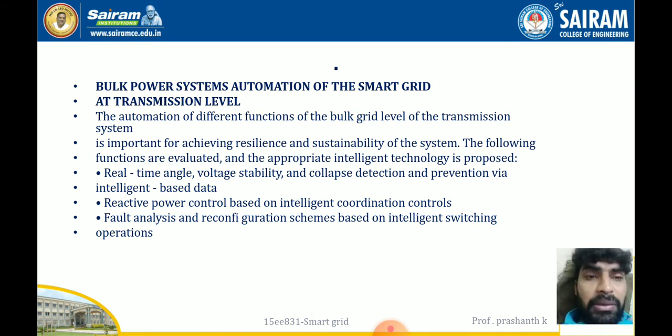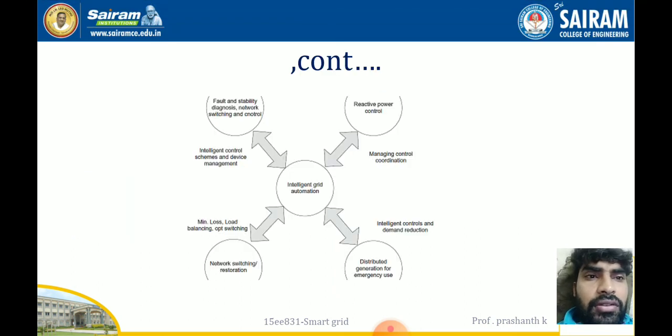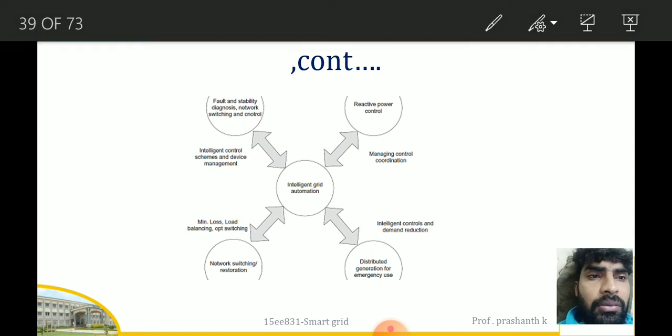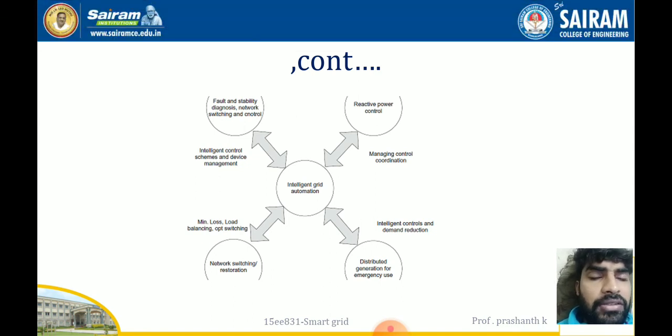How do we implement this? If a fault occurs in the different power system components or power system generation, that must be monitored, self-healed, and self-monitored. As you can see in the diagram, there is an intelligent grid automation, right? The smart grid's name itself indicates it's a smart one, definitely intelligent, digitalized, and smart. It has four sub categories.